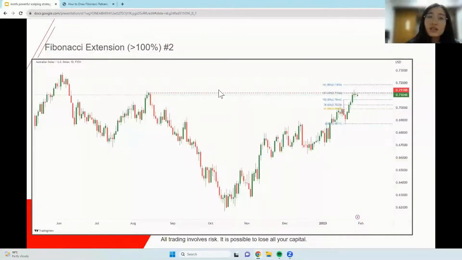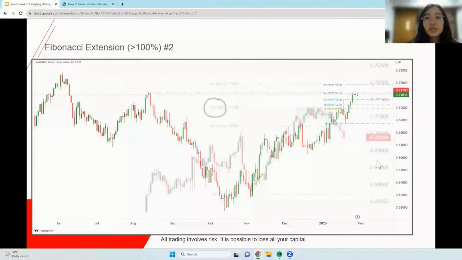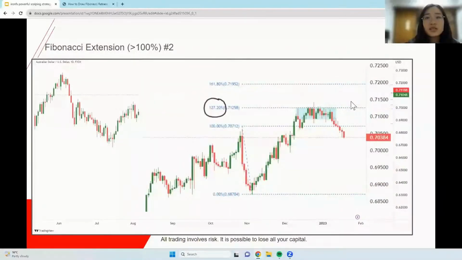Firstly, I see that I have a swing high resistance here, where I'm projecting price to go towards, but I see that it's also in line with a 127.2% Fibonacci extension. So it makes it a significant level, like you can see over here.